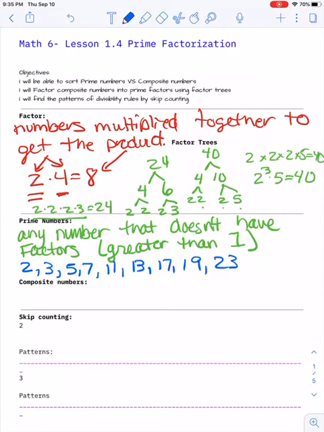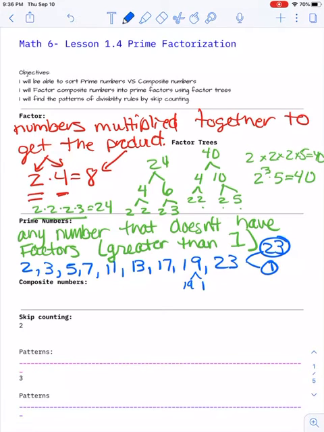They kind of have factors because you can always say that 23 is 23 times 1, and you can say 19 is 19 times 1. But they don't have any factors other than 1 and the number that they are. There's nothing else I can multiply other than 1 and the number.